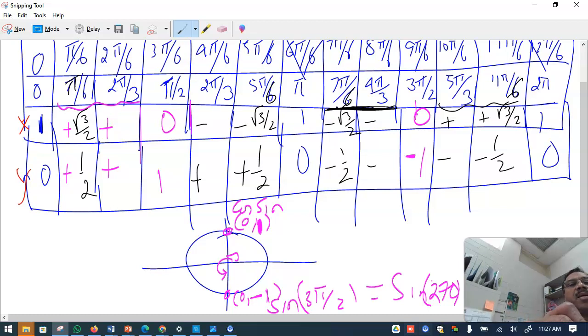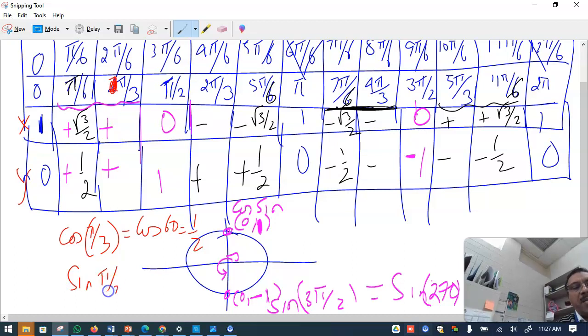And then finally we can do it also for pi by 3. I can use red color maybe. So this is pi by 3. What is cosine pi by 3? Cosine 60 is half, and sine pi by 3, which is sine 60, is root 3 by 2.